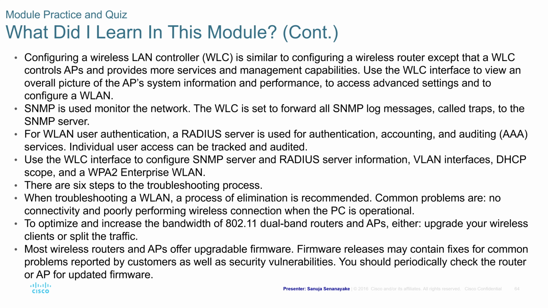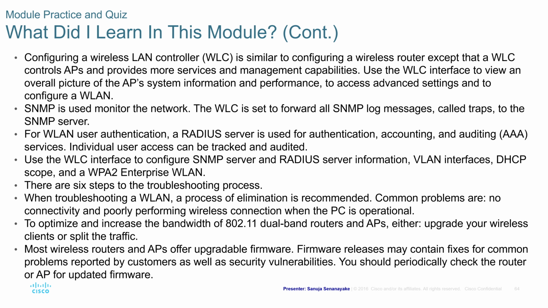And individual user access can be tracked and audited through that RADIUS server. We use the WLC interface to configure SNMP server and RADIUS server information, VLAN interfaces, DHCP scope, and a WPA2 Enterprise WLAN. We learned how we can do that on a Cisco device.